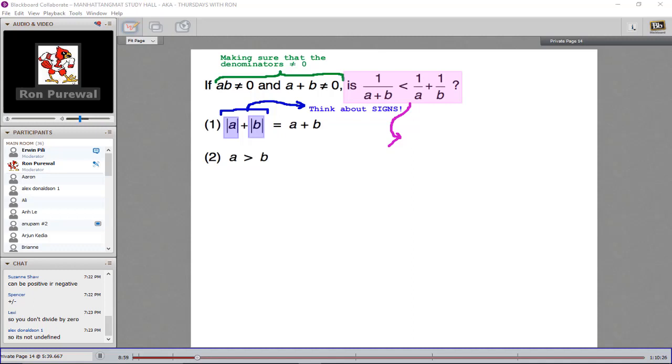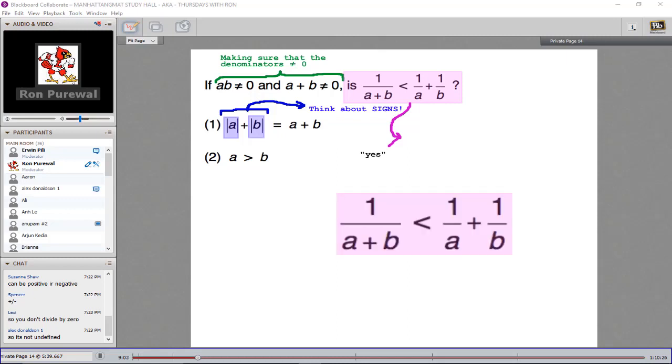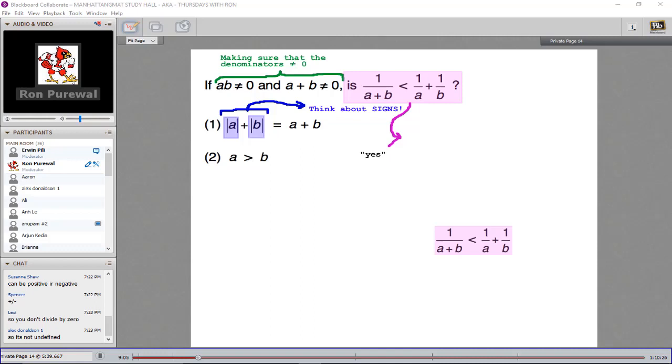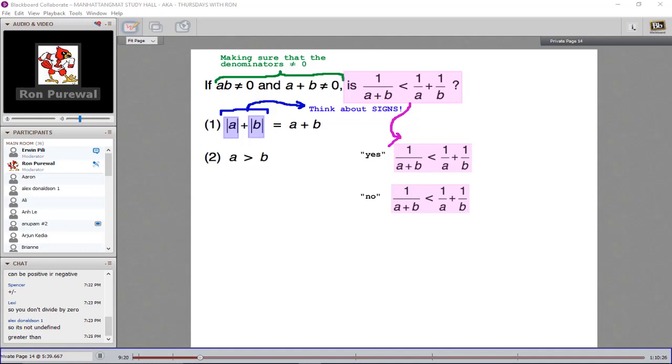Yes to this means that it says what it says. And no would mean the same thing with what sign, where it says less than right now? What would go here instead of less than?